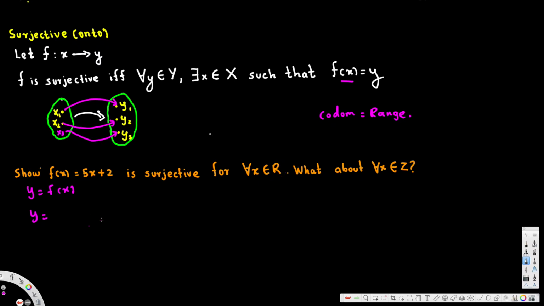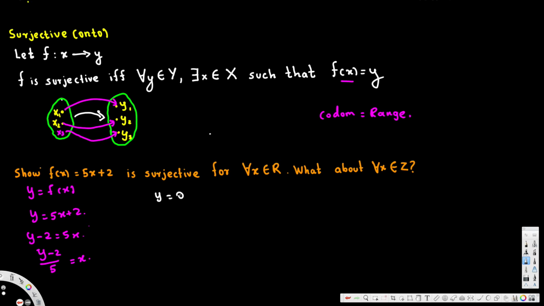Okay, when we do that, we will see y is equal to f of x, which is 5x plus 2, then y minus 2 is equal to 5x, then y minus 2 divided by 5 is equal to x.